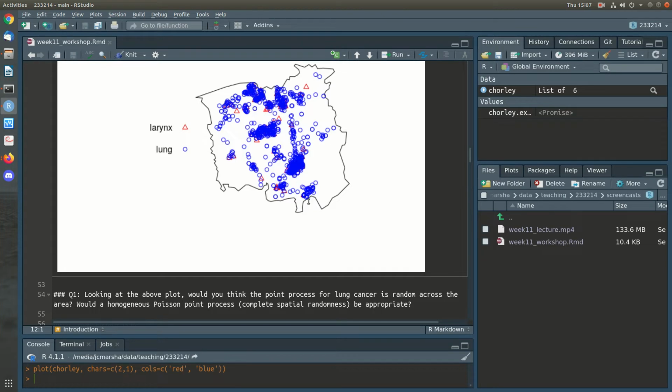But one thing we can see is that the distribution of the lung cancer, the blue dots, is very much not random across this area. If they were random across this area, we'd expect to see some points down there. They're very, very highly clustered.